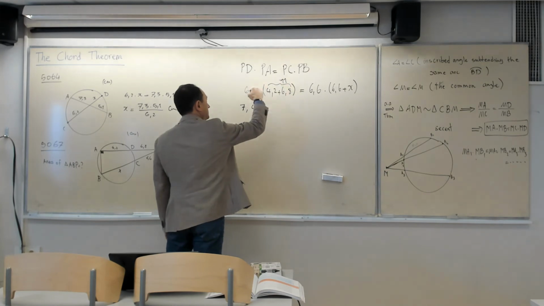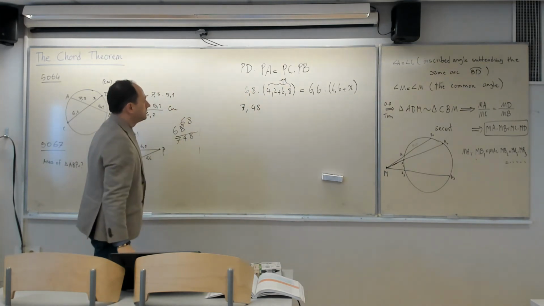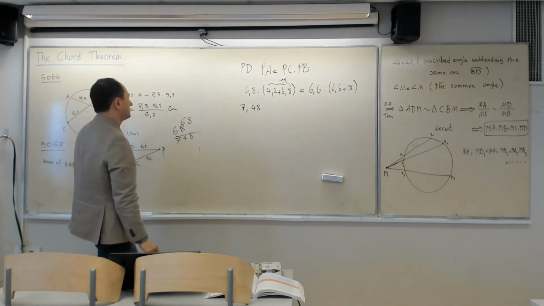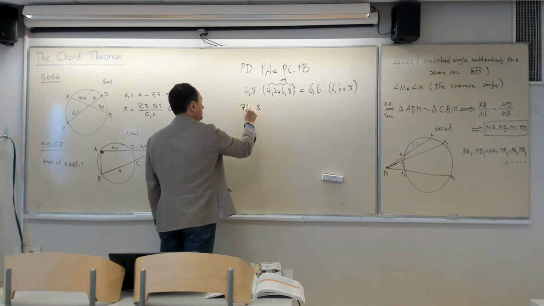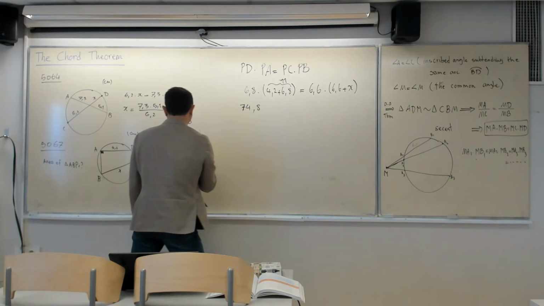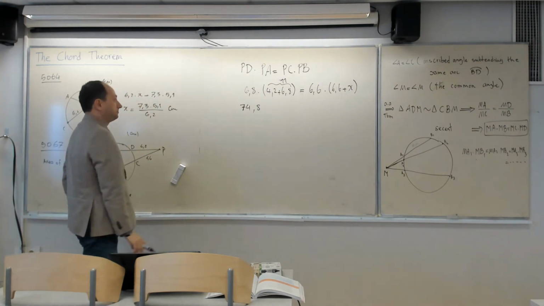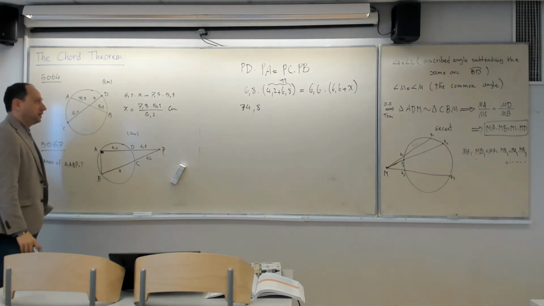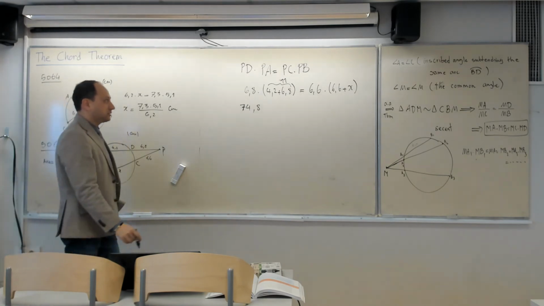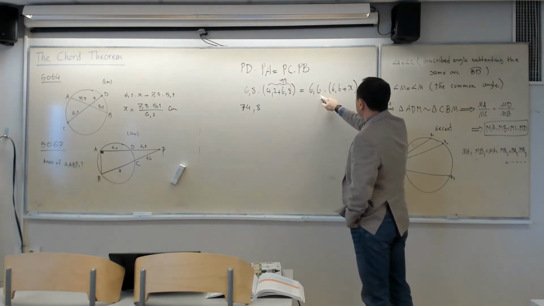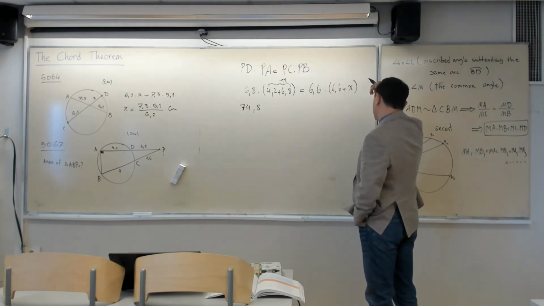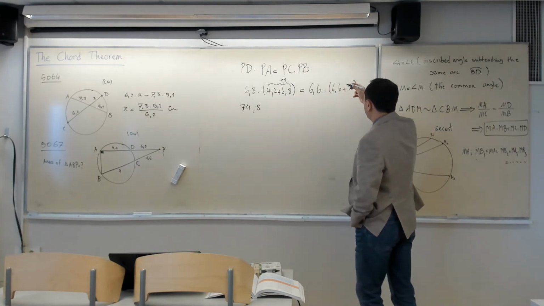And if you multiply 11 by that, am I right? No, it is 1, comma, not 2. 74.8. I appreciate if you double check the answers, okay? And then you have to multiply 6.6 here, this number multiplied by itself.